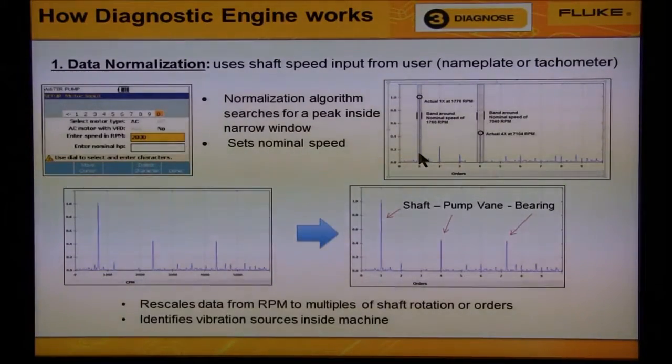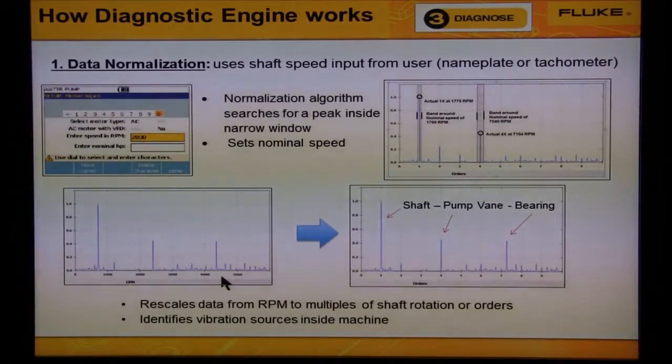The largest vibration typically comes from the large, heavy mass of metal rotating at, say, 600 RPM. In the graph on the bottom left, we see a peak at 600 RPM, a peak at 2400 RPM, and a peak at 4500 RPM.